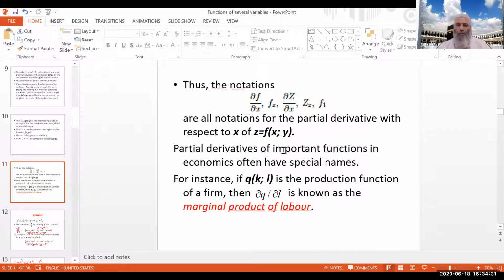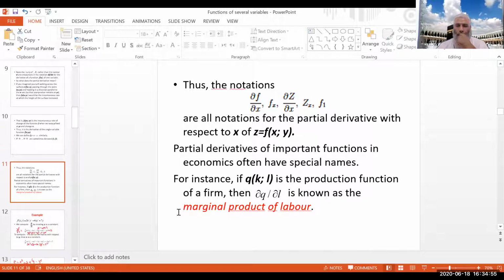Partial derivatives of important functions in economics often have special names. For instance, Q(K, L) is the production function of a firm. Then dQ/dL is known as the marginal product of labor.